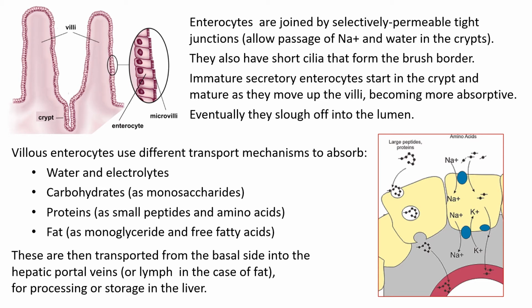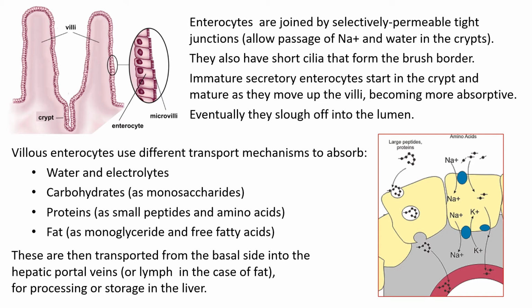Once they've been absorbed, they're transported through into the basal side, and up each villus we have a blood supply. So they go through the villi into the centre, into the veins that go up the villi, which eventually drain into the hepatic portal veins. Or in the case of fat, that goes into the lymphatic system.